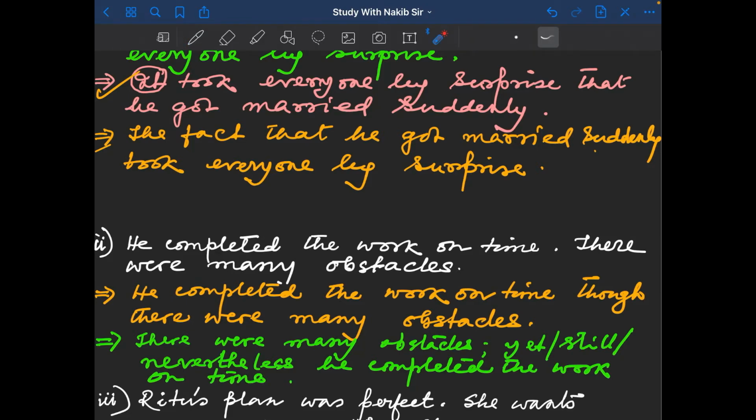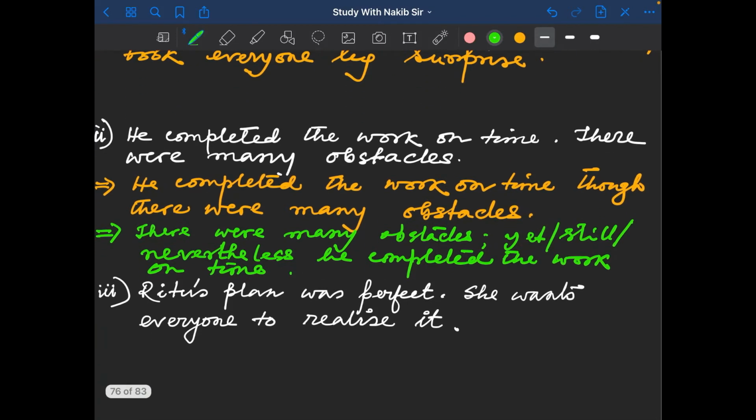Okay, you can use yet or still or nevertheless, the same meaning. So your second combined sentence is, there were many obstacles, semicolon, yet or still or nevertheless, he completed the work on time. Okay, the first one is the complex sentence and this one is a compound sentence, though you have no botheration about the kind of sentence they are. Okay, now go to the next question.